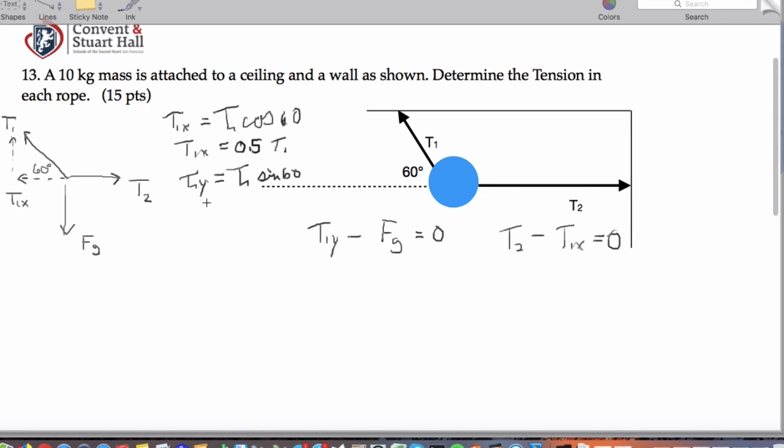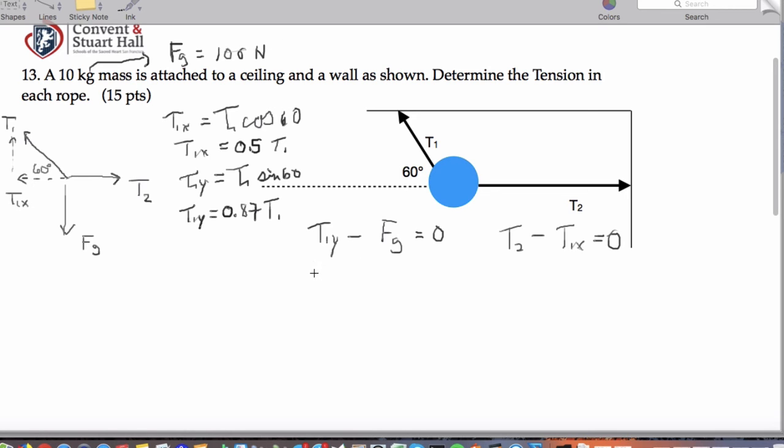And when I get that number, T1y equals 0.87 times T1. And those are the numbers I'm going to use in this formula here. One other thing, let's just be clear. The force of gravity acting on this mass is m times g, which is 100 newtons.